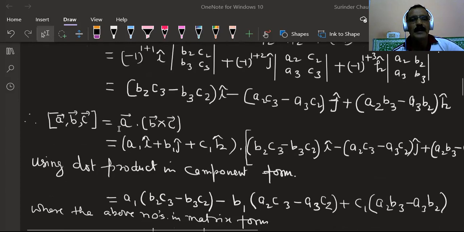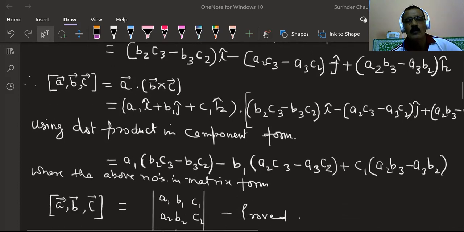When we find the dot product of two vectors, we have read in the earlier class, dot product of two vectors is the sum of the products of their components. So multiply this vector with this. So we get the product of their components. This component plus this component plus this component, and C1 into this component.